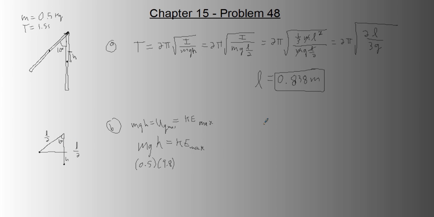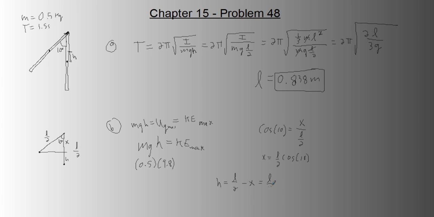So we could do cosine of 10 equals adjacent, which we'll call this x, x goes from here to here, equals x over hypotenuse, L over 2. So x equals L over 2 cosine 10. And we know that h equals L over 2 minus x, right? L over 2 is the whole distance from here to here, so h is L over 2 minus x.